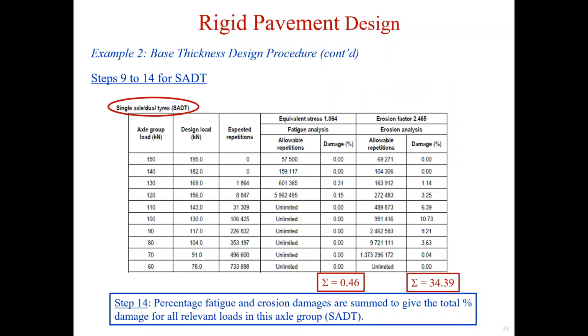Next is to run steps 9 to 14 for single axle dual tires, SADT. The total percentages of fatigue and erosion damage are summed as 0.46% and 34.39% for axle group SADT.